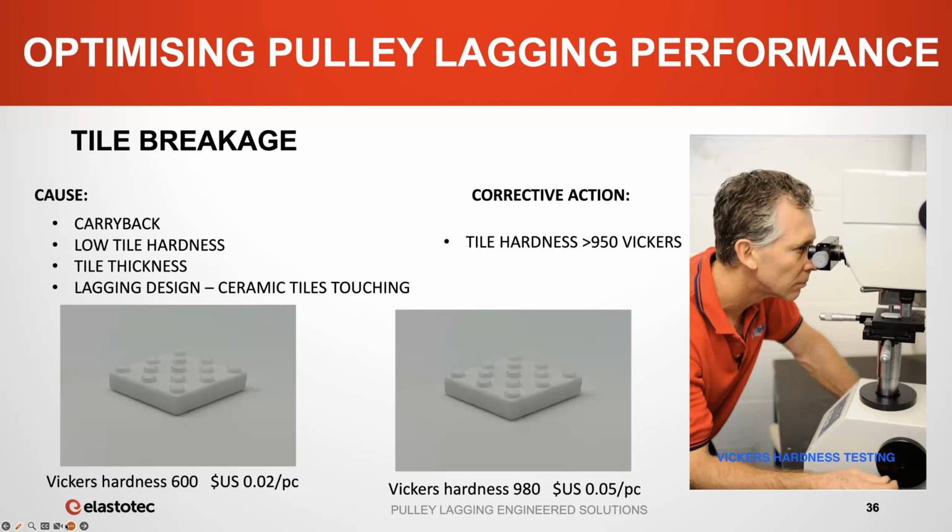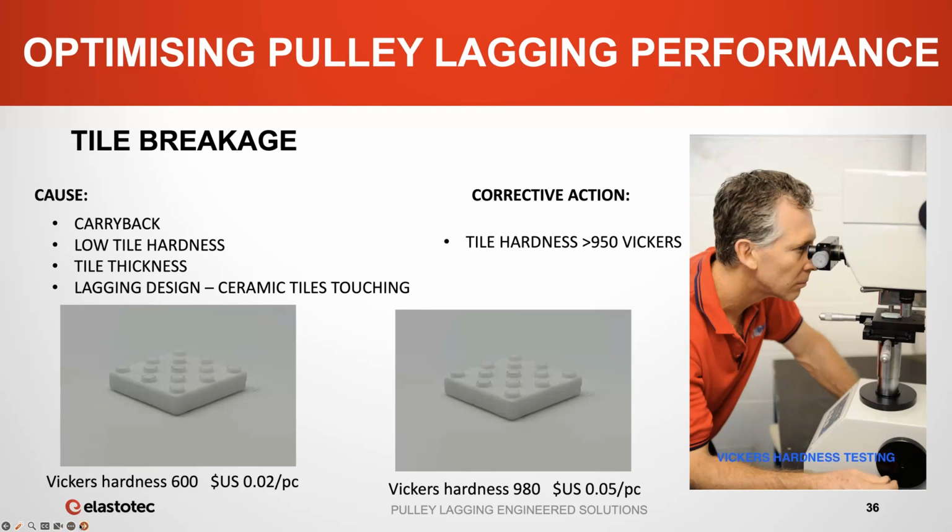And when you buy them for that sort of price, typically, if you measured the Vickers hardness on it, it would be probably down around 600. Good quality ceramic tiles should be above 950 Vickers and will typically cost you around 5 cents at that hardness.